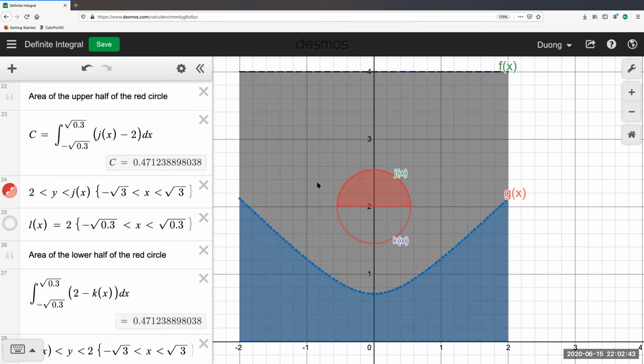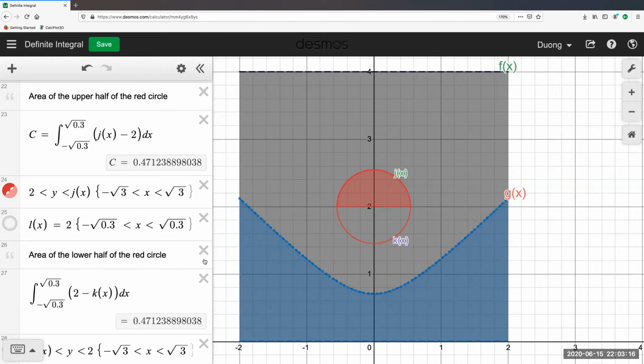Now we move to find the area of this red circle. First, I want to find the area of the upper half of this circle. And you can see that I use the function j of x to describe the upper half of the circle. And this area here is actually the area between this curve and the line y equals 2, from negative square root 0.3 to positive square root 0.3.